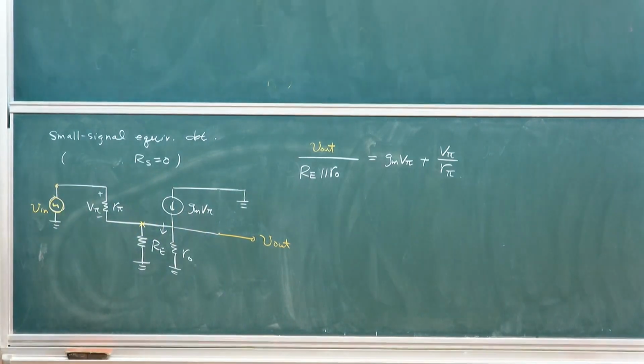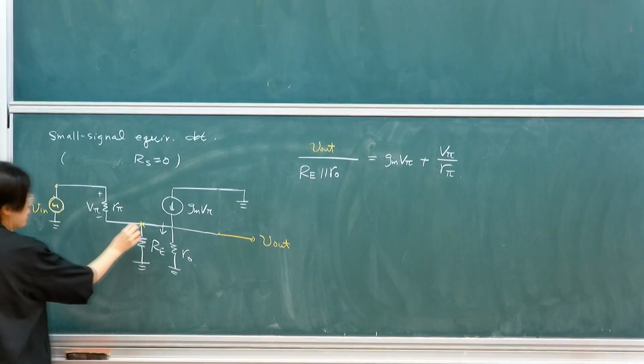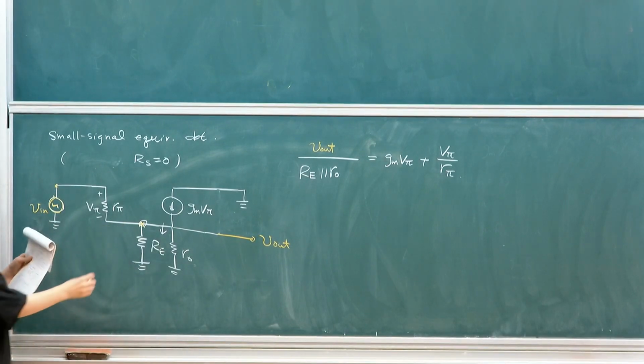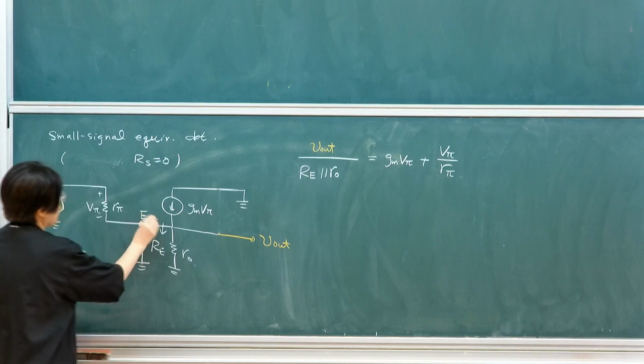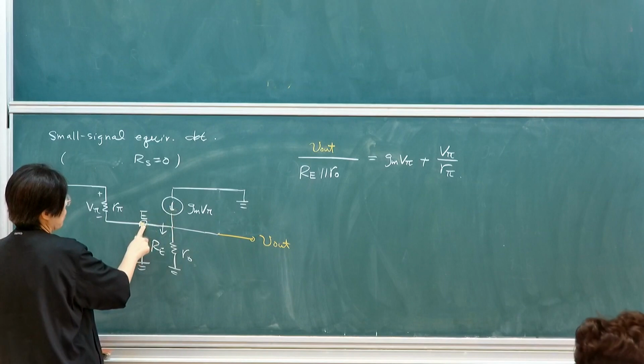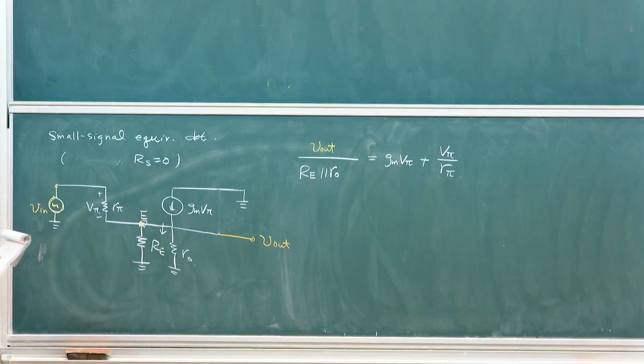Okay? So this will be KCL at the emitter terminal, at node E. Current coming down from these two branches equals the current going down.